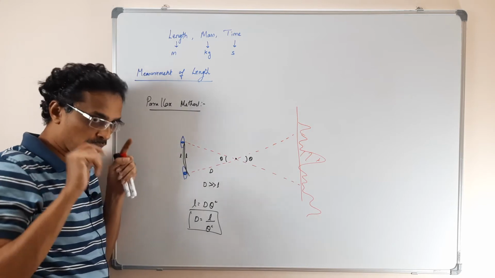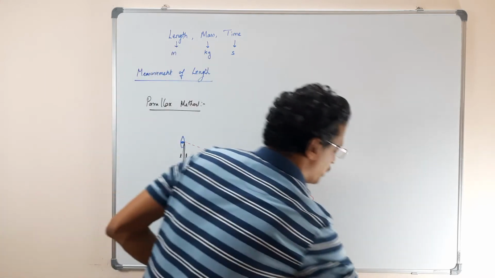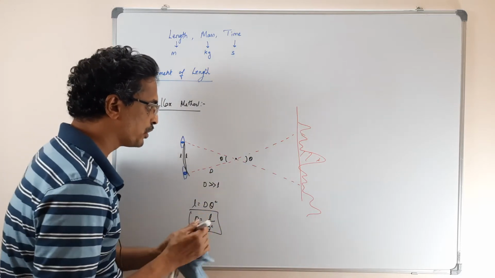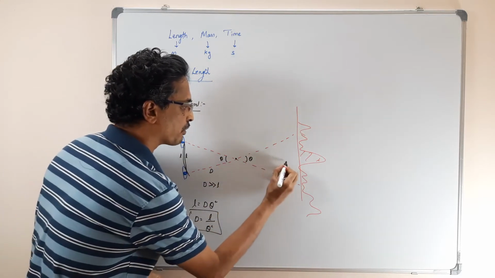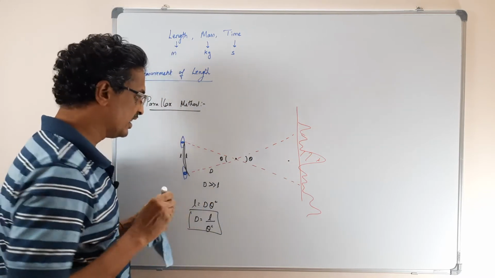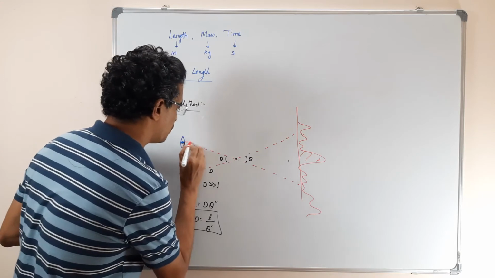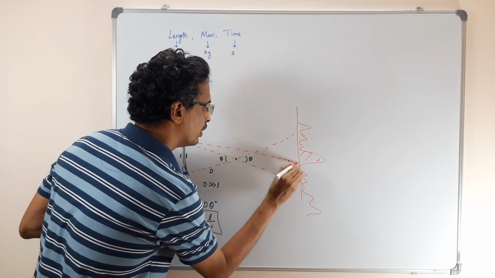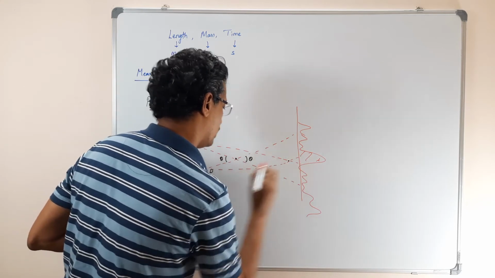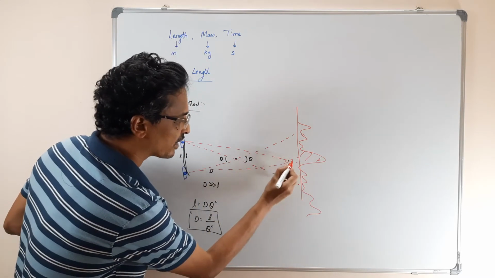Now, the eyes are close by. So suppose now I am going to shift this point back much behind. So this point I am going to bring far away, maybe up to here. Then what happens? Then this angle is going to become smaller, am I right?